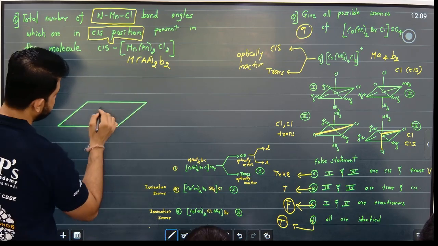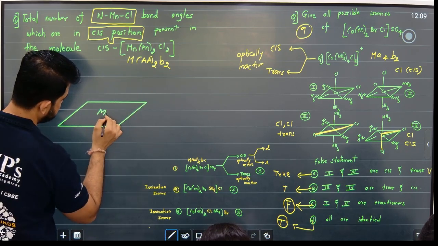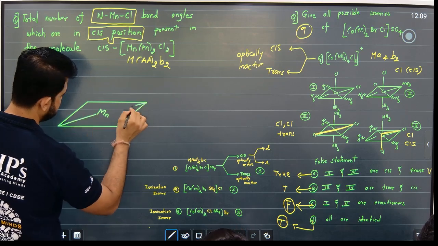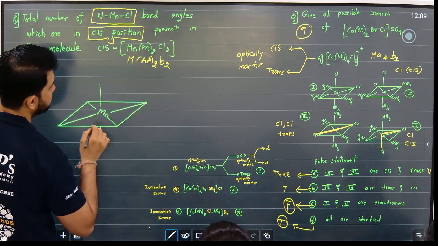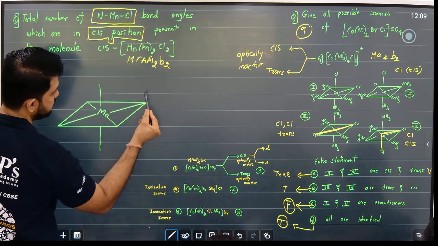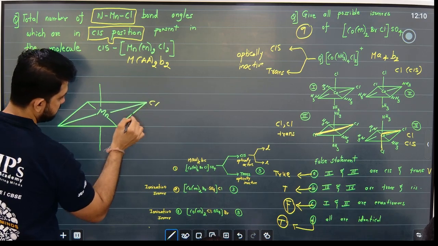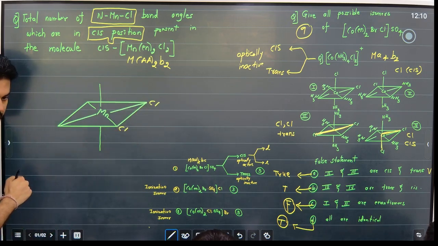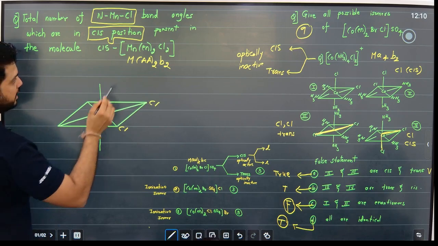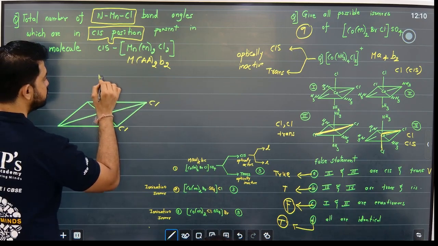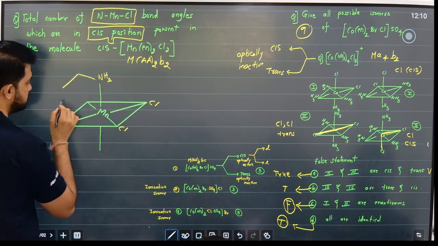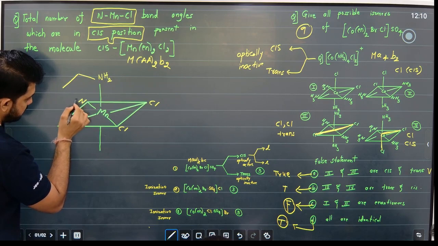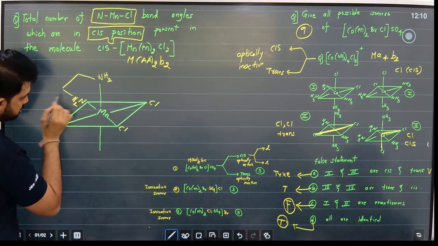So this is Mn. B2 is Cl in the cis position. And the rest we have ethylene diamine: NH2, CH2, CH2 and NH2.